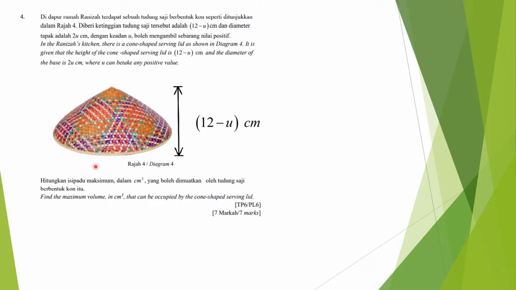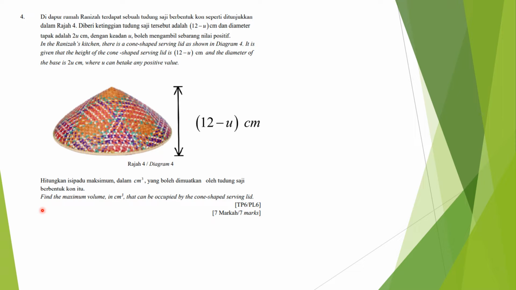Okay, diameter is 2u, where u can be positive. Find the maximum volume in centimeter cube that can be occupied by the cone-shaped serving lid.